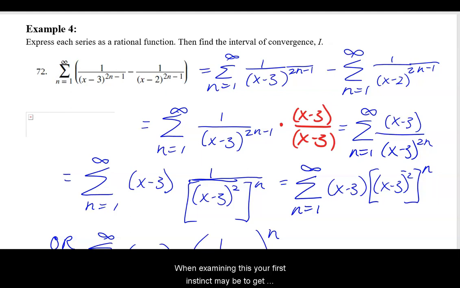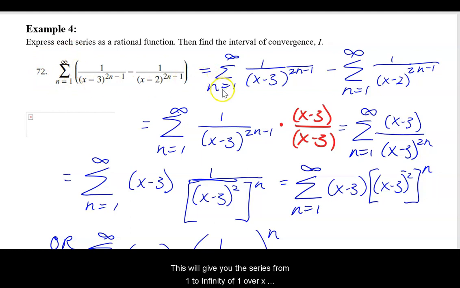When examining this, your first instinct may be to get both of these with the same power. They do both have the power of 2n minus 1, but unfortunately the bases do not match. Since the bases do not match, you will not be able to write them into any combined form by factoring out a common factor. This means that you'll have to instead split up the power series representation into 2 different series.